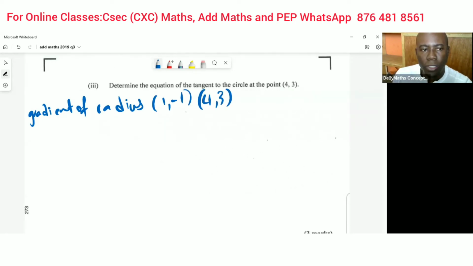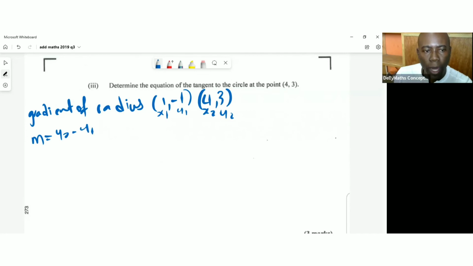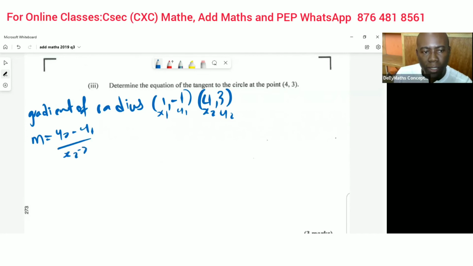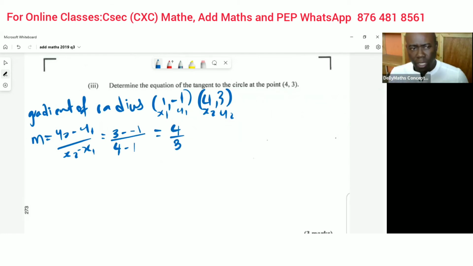If I have those, then I could just say x1, y1, x2, y2. And so the gradient, I'm just going to call it m. We know it's y2 minus y1 over x2 minus x1. So this is going to equal 3 minus 1 over 4 minus 1, and this is 4 over 3. So that's the gradient of the radius that we're talking about right there.